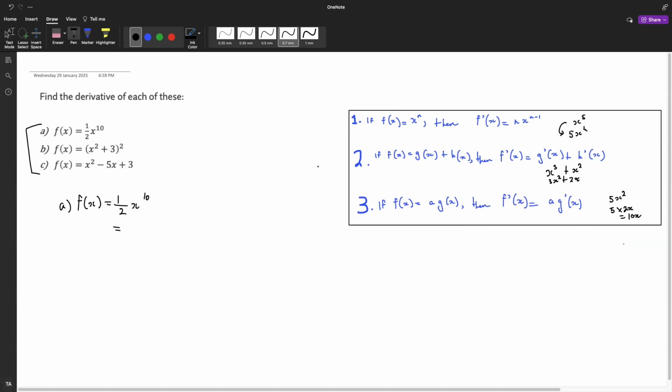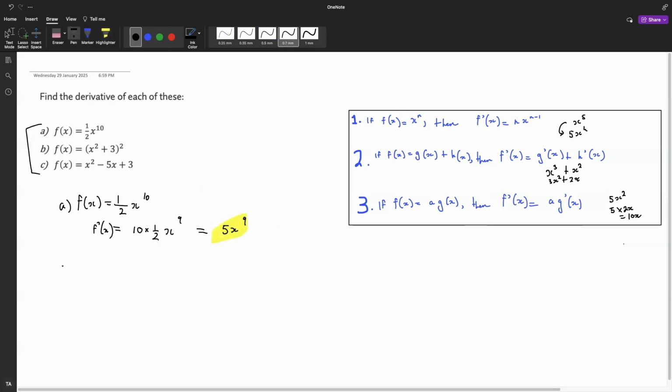We put the index at the front, so we'll do 10 times half, and then we'll have x, and the index goes down by 1, so that becomes 9. Now 10 times half, half of 10, is 5. So we have 5x to the power of 9 as our first derivative. So f dash of x is equal to 5x to the power of 9. That's our answer.